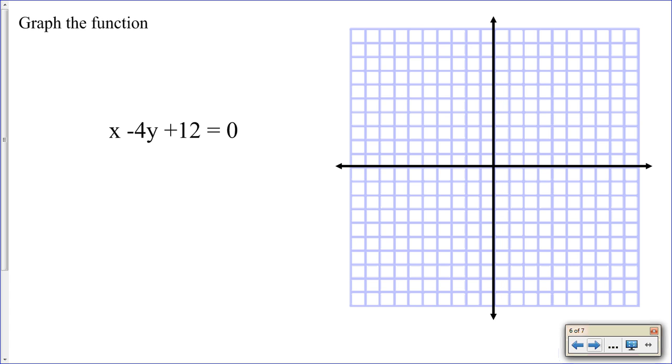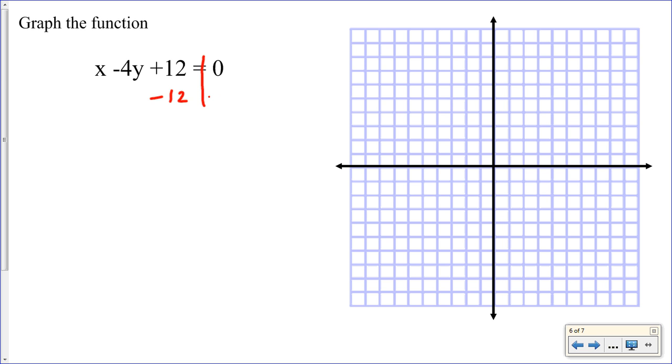Okay, so the first thing I notice about this equation is that it's not actually in standard form because this 12 is on the same side of the equation as my x and my y. So I could move it first. So I'm going to subtract 12 from both sides, so I get x minus 4y equals negative 12.